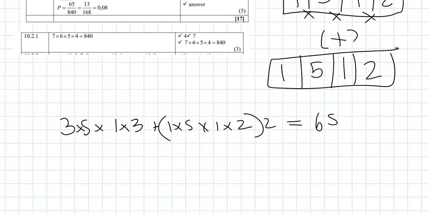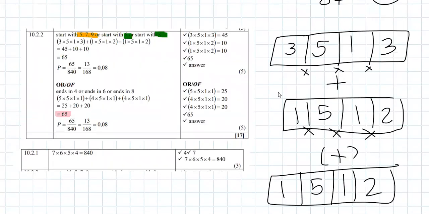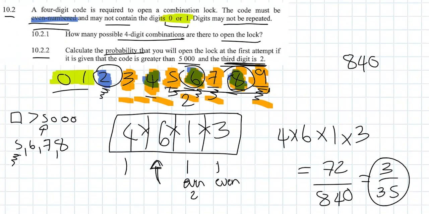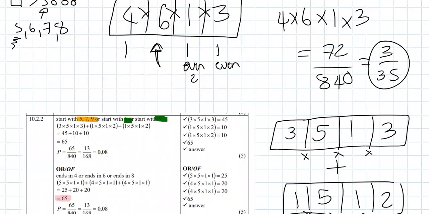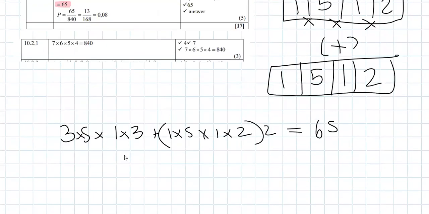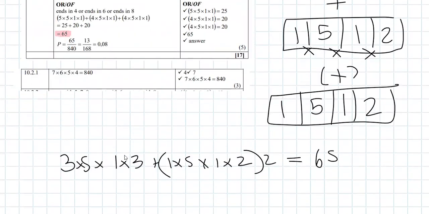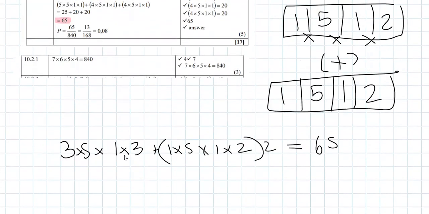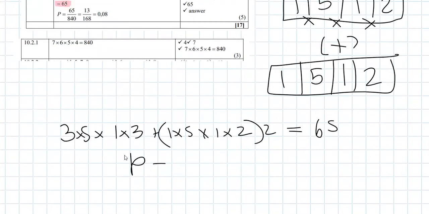And then we do the same method as I did in my incorrect option over here. We just take, because they asked for an actual probability, 65 over the total from 10.2.1.